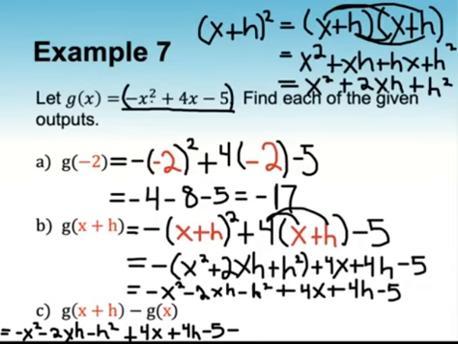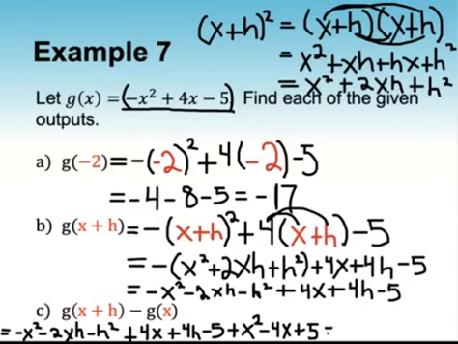That's going to change the sign of everything that we have in here. So this minus x squared is going to become a plus x squared. This plus 4x is going to become minus 4x. And this minus 5 is going to become plus 5.